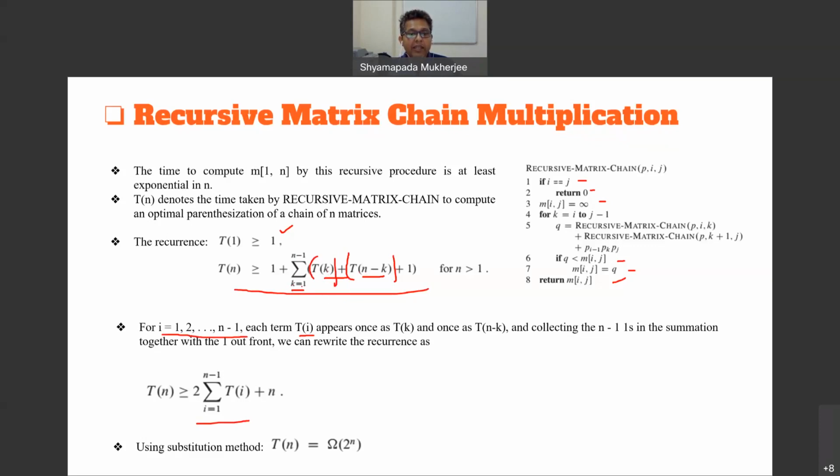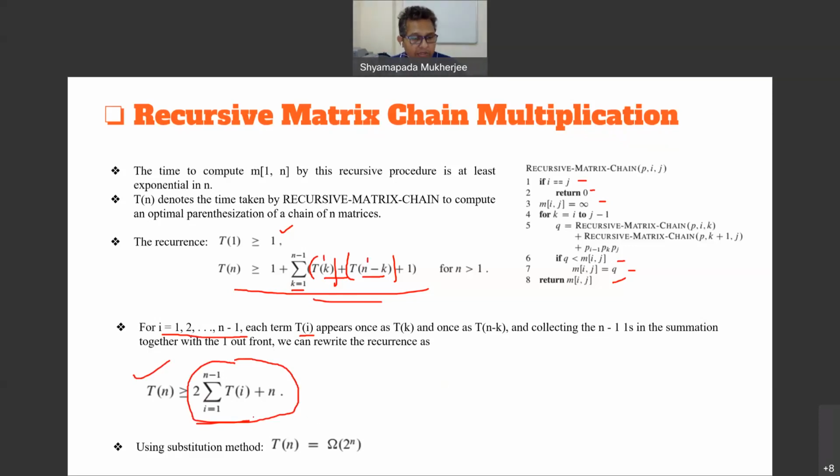When k is n minus 1, it will be T(n minus 1) and T(1). So the same term appears twice, and that's why we can reduce the expression this way. This is the form we get for the time complexity of recursive matrix multiplication.